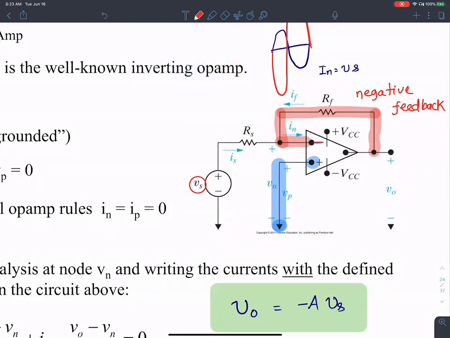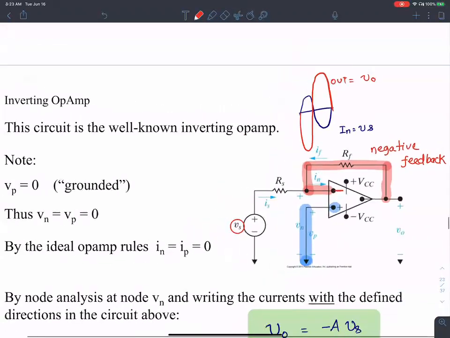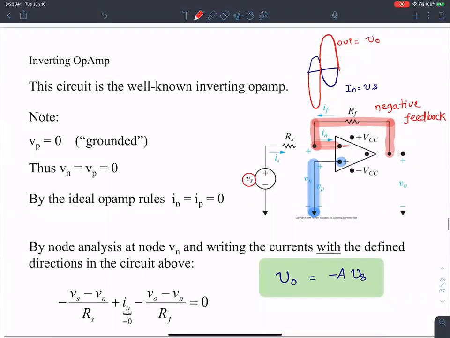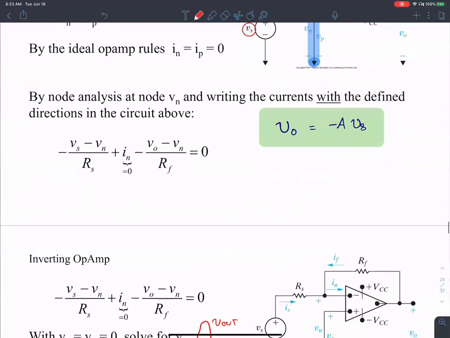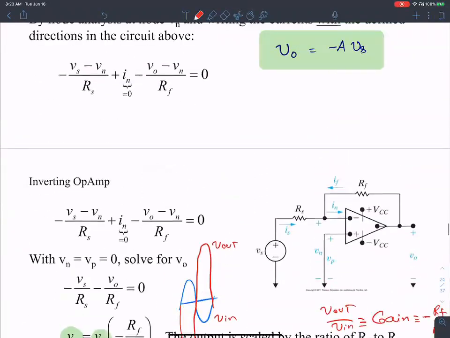So if you were to look at the input-output relationship, if the sine wave shown is the input, you would expect the output to be inverted and also amplified. Let's try to see why that is the case. Okay, let's see the inverting amplifier.